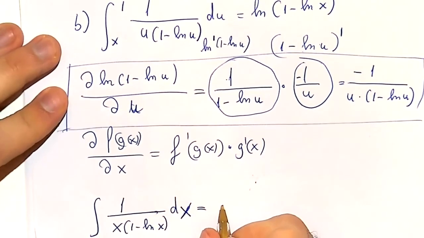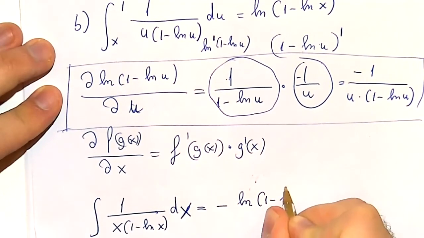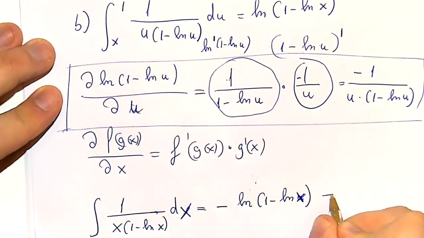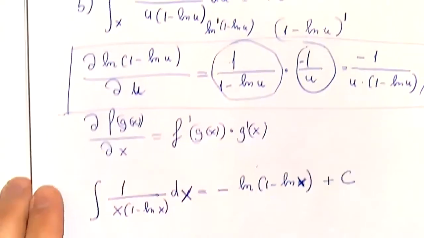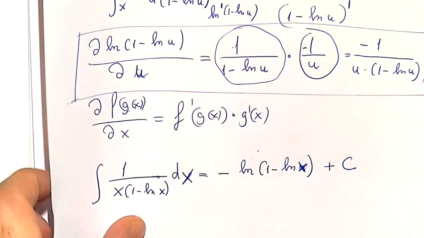So it's just minus log of 1 minus log of x plus a constant. Did that make sense? Did you guys follow me doing that? Cool. Well, now my problem is done. I'm done with the whole problem.